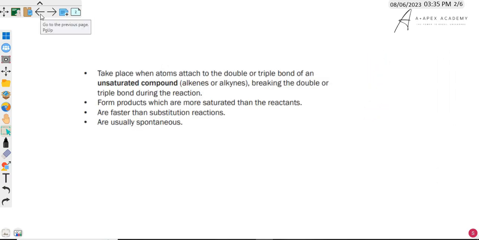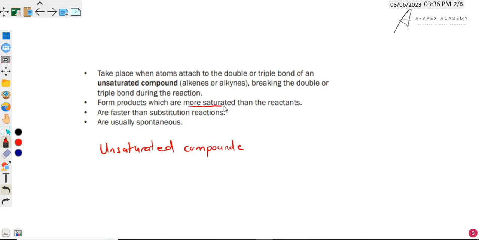Now here's some notes. It says that it takes place when atoms attach to the double or triple bond of an unsaturated compound. So first things first, for addition reactions, we will be transforming unsaturated compounds, turning them into saturated compounds.